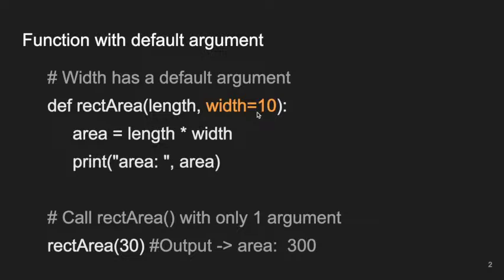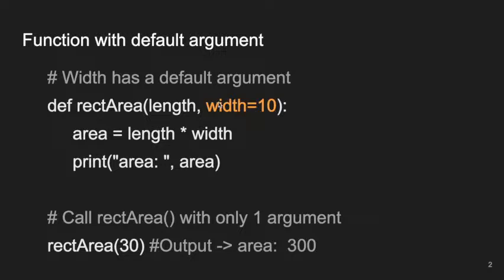You can assign a value to it, just like you see here with width equals 10, so that when you're calling this function somewhere else in your code, like you see here, we are fine with just supplying the length. You can also supply the width, but if you choose not to, this function still gets called because the width is set to 10 as default. This is how you pass default arguments to a Python function.